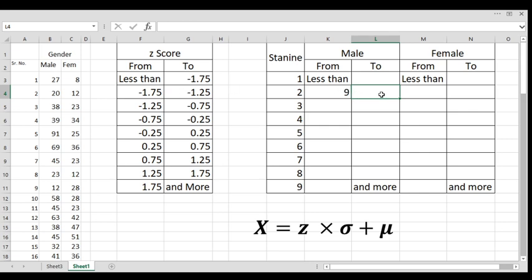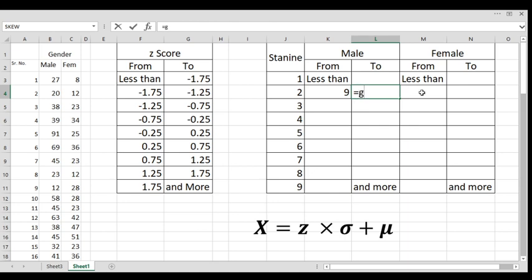The x that is to be found here corresponds to the z value minus 1.25. So we start with the equal sign, then we mention z for that particular x, and the z corresponding to this x is minus 1.25, which is written in G4.